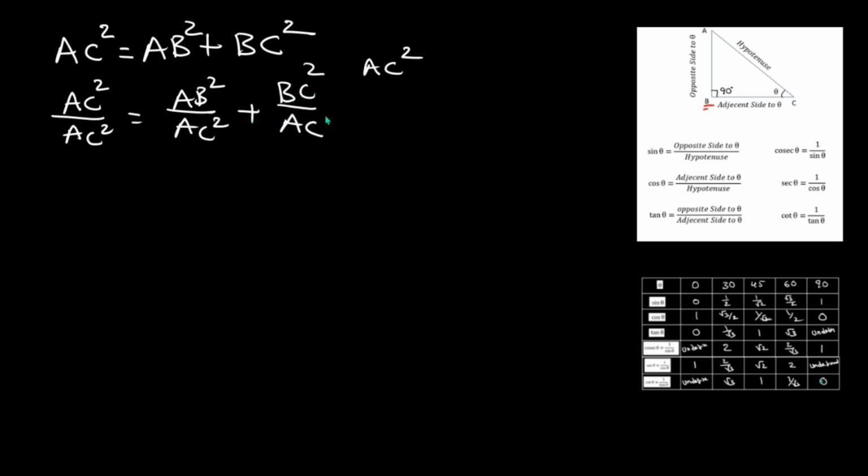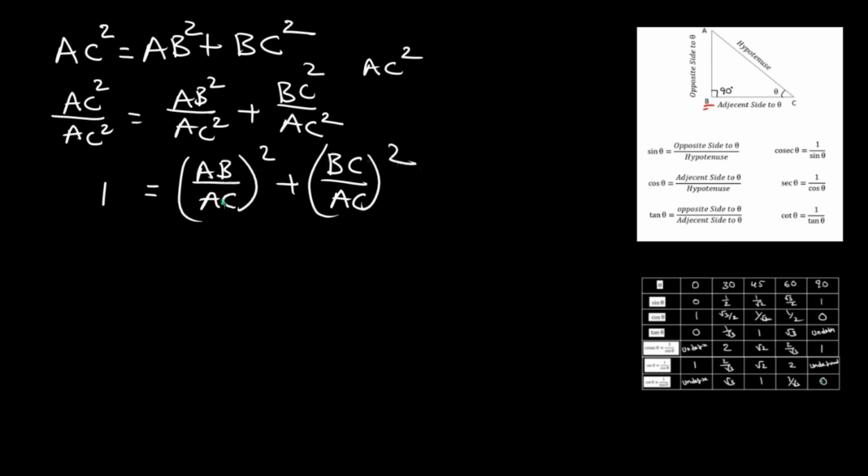Now the AC squares cancel, so we get 1 on the left side equal to AB by AC whole square plus BC by AC whole square. What is AB by AC?